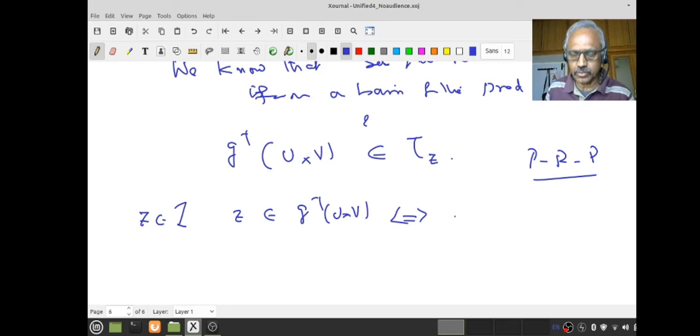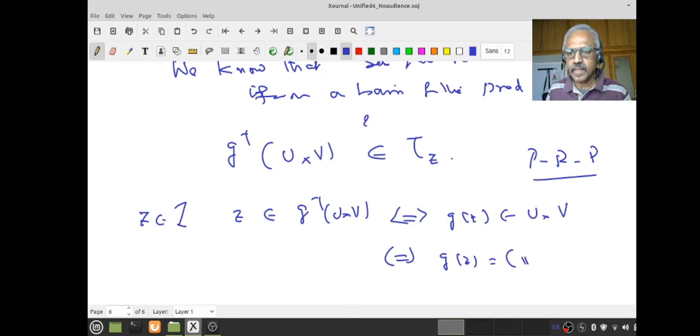Therefore this means G of z belongs to U cross V. But G of z is an element in U cross V. Therefore G of z, how can I write it? I can write it as pi x composite G of z and pi y composite G of z. Do you agree with that?